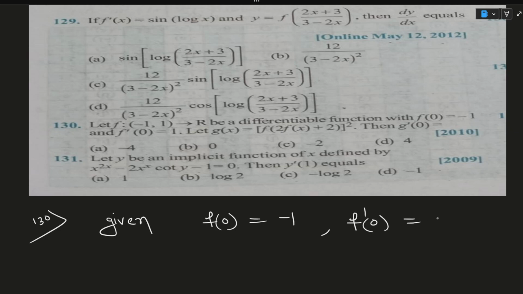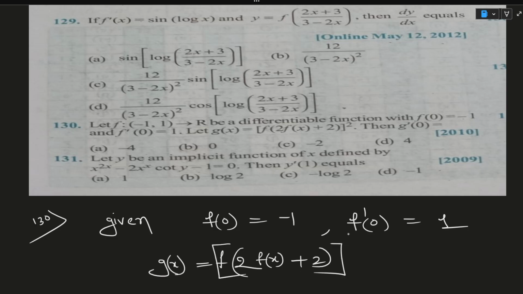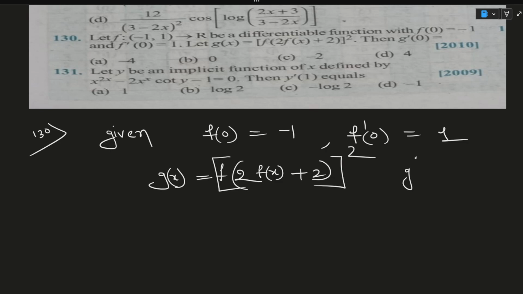So here we are given f of 0 equal to -1, f dash 0 equal to +1, and g of x, and here we have to evaluate g dash 0.